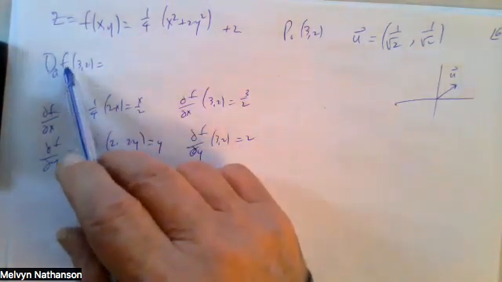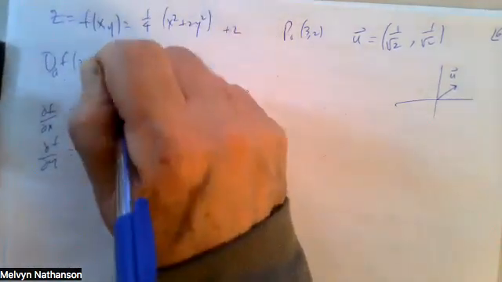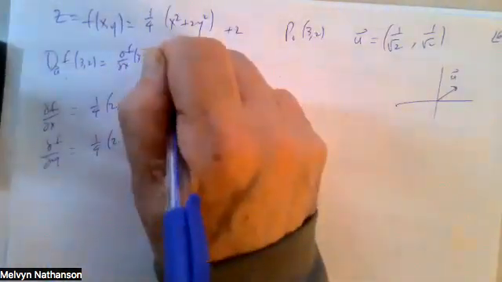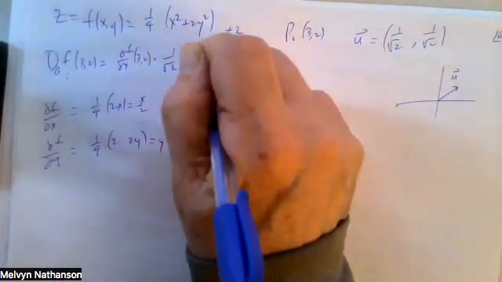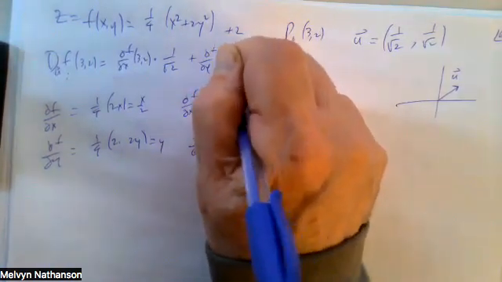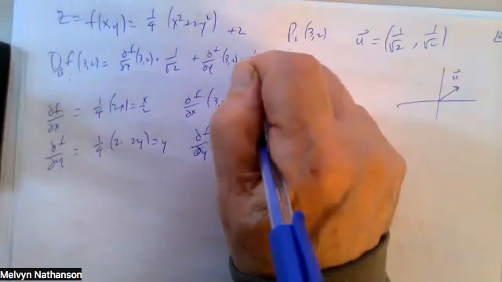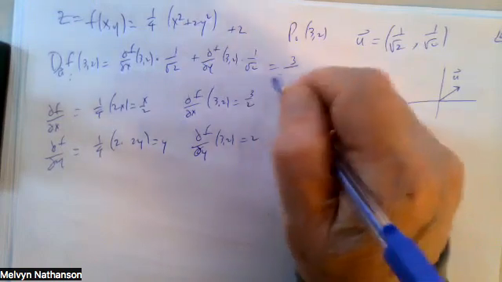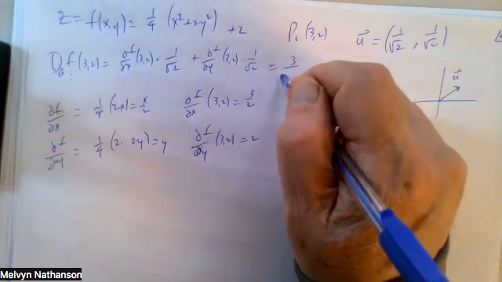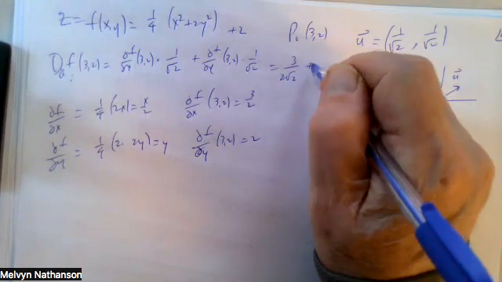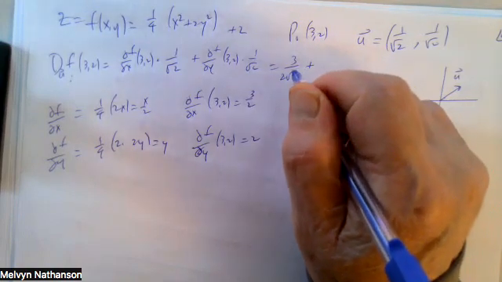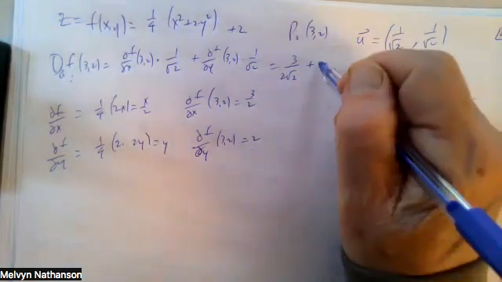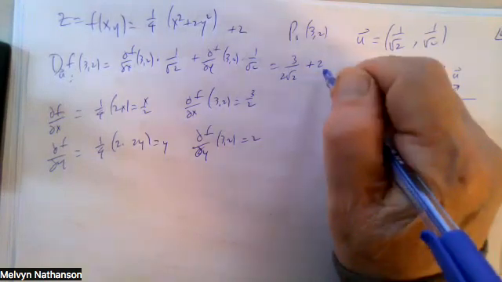So the directional derivative is the partial of f with respect to x at (3, 2) times the first coordinate of the direction, plus the partial of f with respect to y at (3, 2) times the second coordinate of the direction, 1 over root 2. So this is 3 halves times 1 over root 2, 3 over 2 root 2, plus the partial of f with respect to y, which is 2, times 1 over root 2.